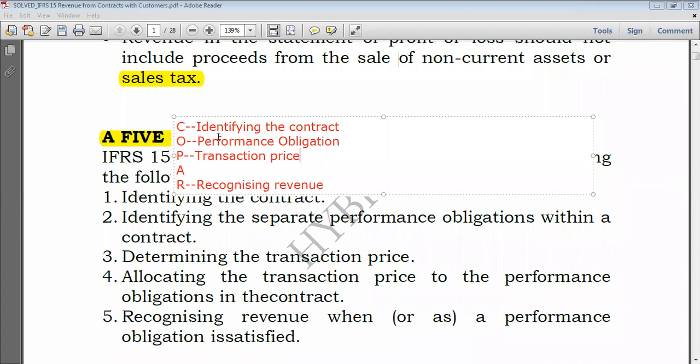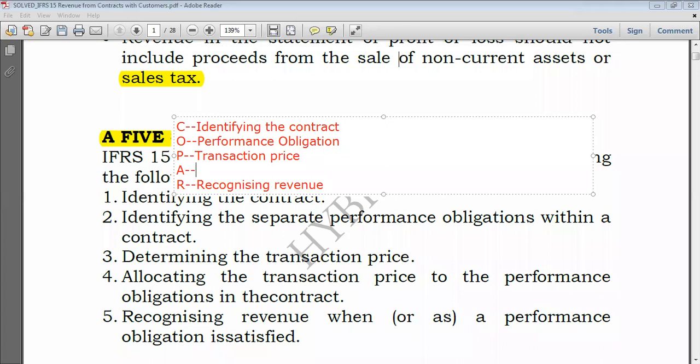Yes, you only recognize revenue as or when a performance obligation is satisfied. That's number one. Now, if that's the case, it only goes to show you that you have to allocate this transaction price to the performance obligations so that when you satisfy a performance obligation, you recognize the transaction price that will act as your revenue. So that's what we have to do.